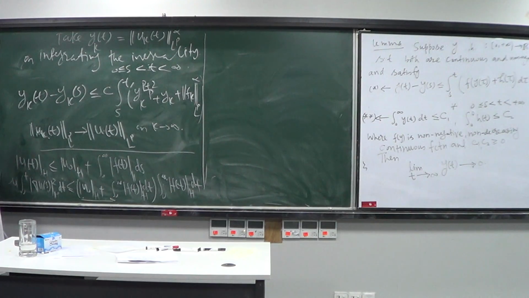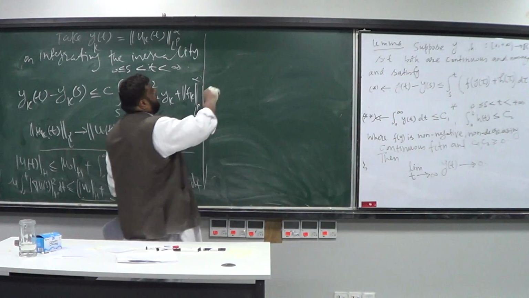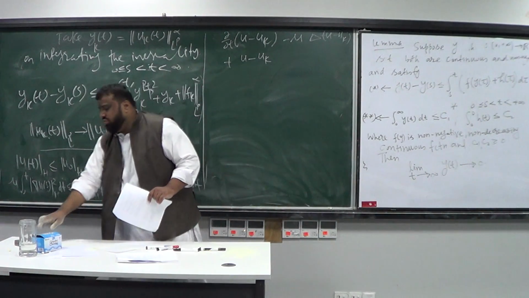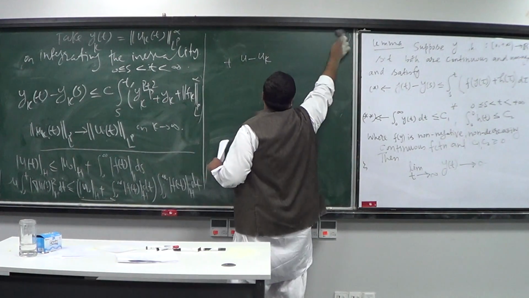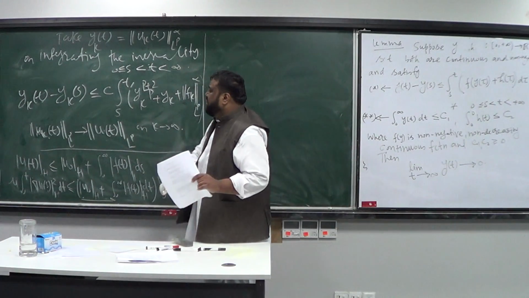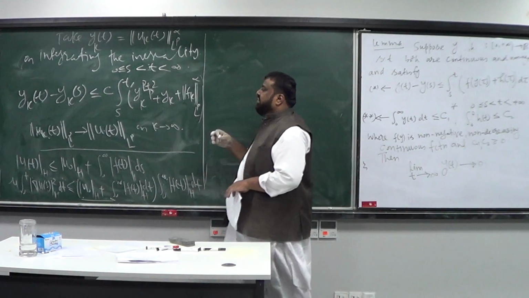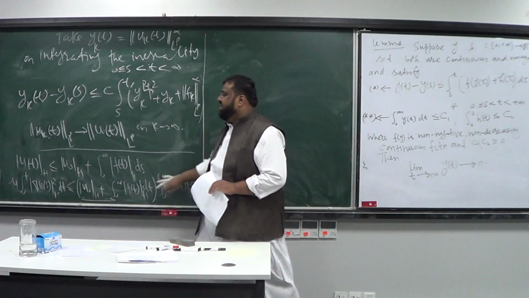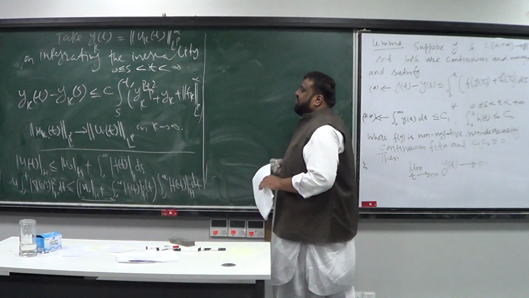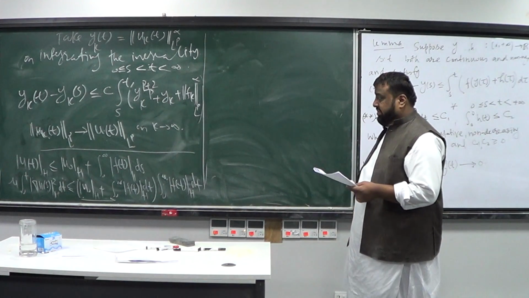So if in the Navier-Stokes equation, for every solution of the 2D Navier-Stokes equation you have such an estimate, you're going to have also an estimate for u minus u_k.